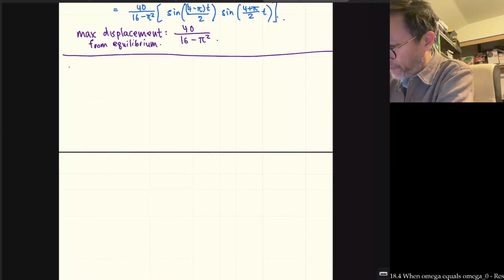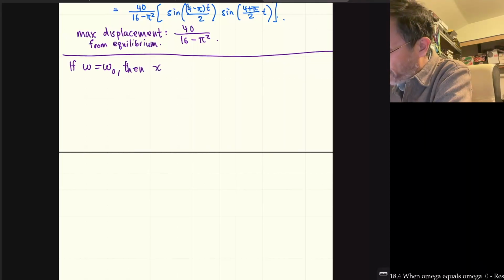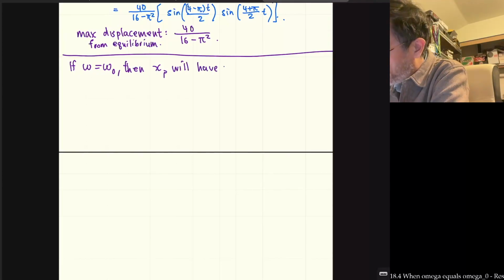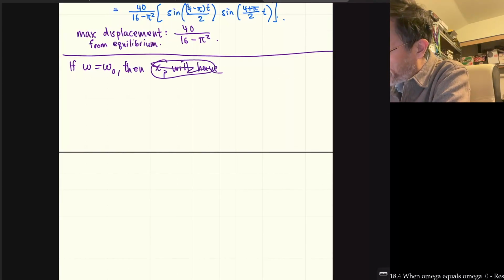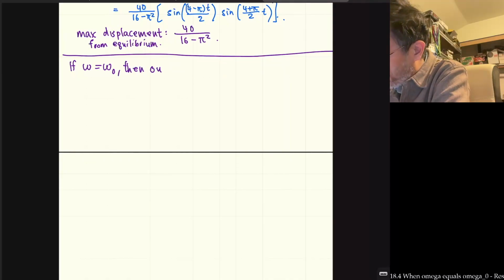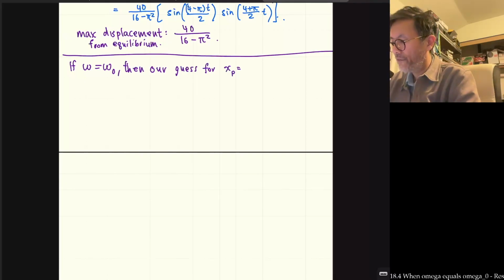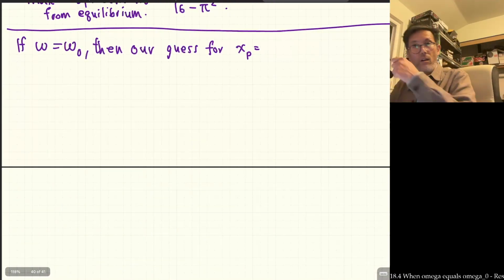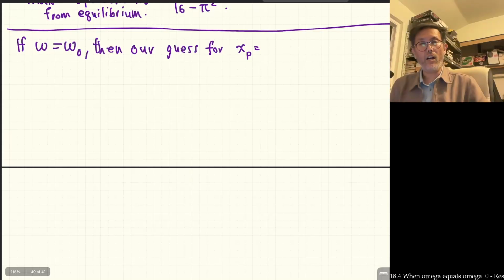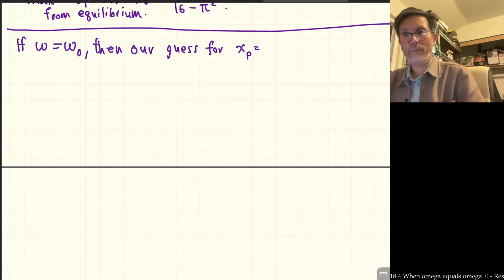If omega equals omega naught, then our guess for x sub p has a remedy. When your guess is already in the complementary solution, you just multiply your guess by t, the independent variable.